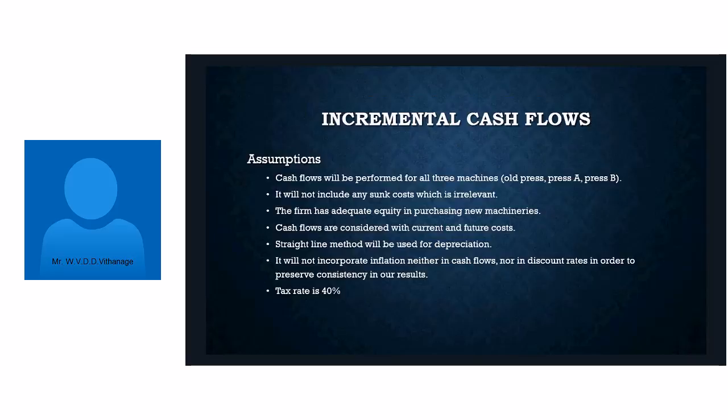First, cash flows will be performed for all three machines. Second, it will not include any sunk costs, which are irrelevant. The third is that the firm has adequate equity to purchase the new machinery. Cash flows are considered with current and future costs. The straight line method will be used for depreciation, and it will not incorporate inflation in either cash flows or discount rates, in order to preserve consistency in our results. And the tax rate is 40%.